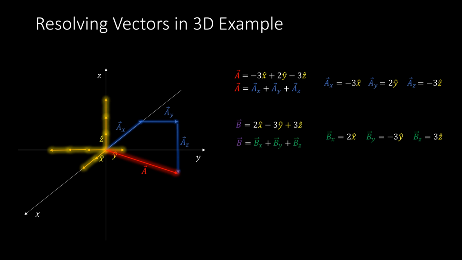Now, instead of these unit vectors, we draw the corresponding component vectors: B_x, B_y, and B_z. We find vector B in the coordinate system by using geometric construction.